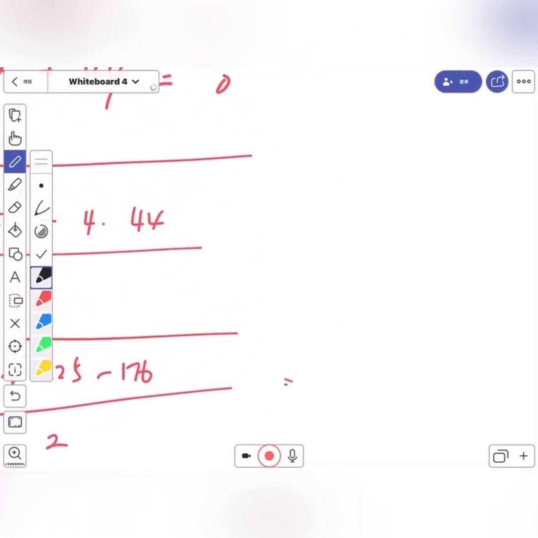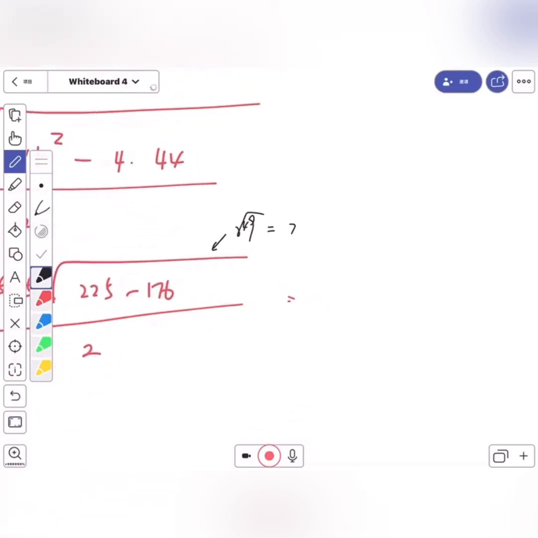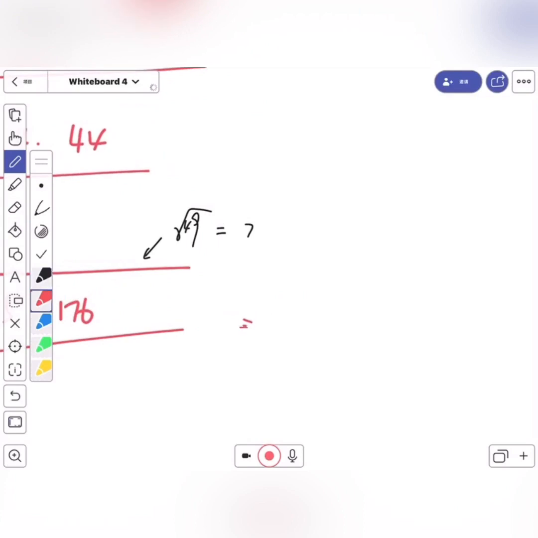We know that this one is 49, and the square root of 49 is 7, so this just becomes 15 plus or minus 7 over 2.